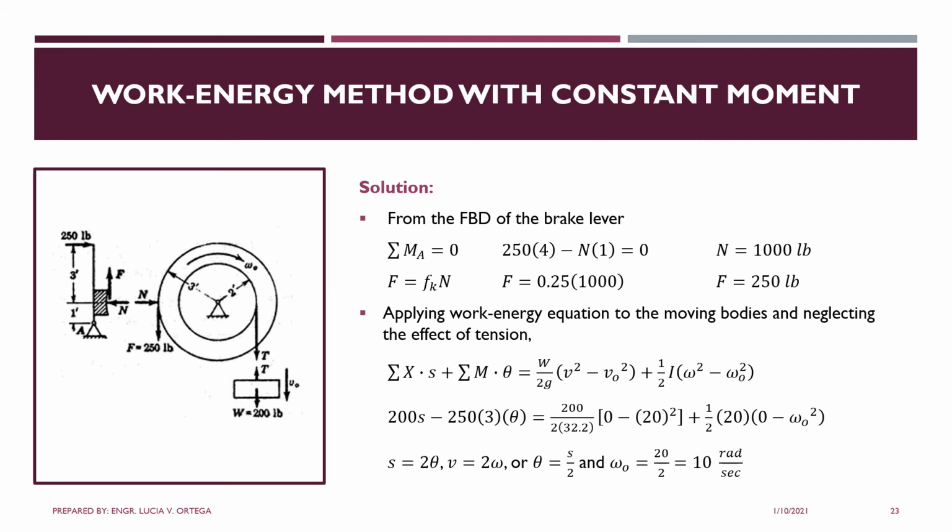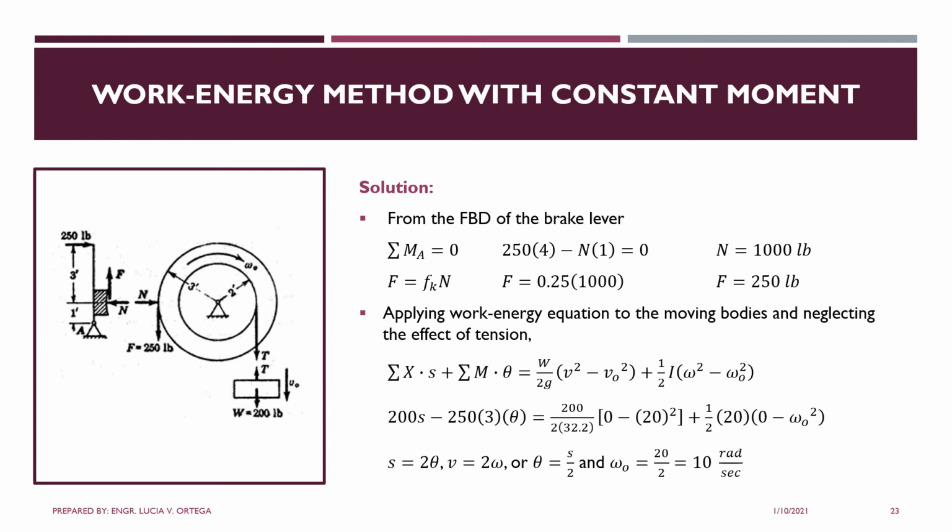So summation of forces along x, which is along vertical because motion is along vertical, times distance, plus the net moment times theta is equal to the change in kinetic energy: W over 2g, v squared minus v sub o squared, that is for the block, plus for the pulley 1/2 I, omega squared, the final angular velocity, minus the square of the initial angular velocity.